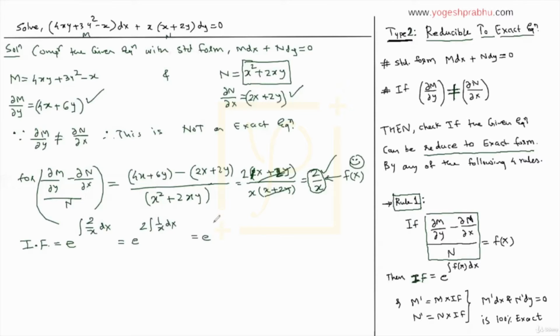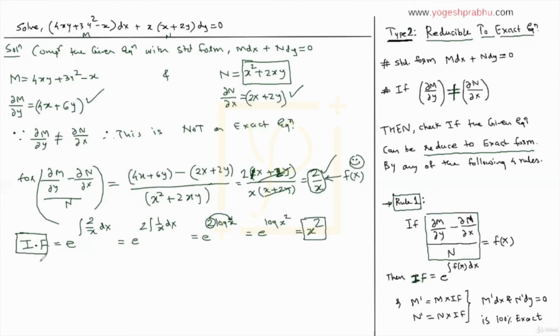So this will be e raised to 2 log x. And I can always take this 2 over here, it's a log property. This term can really be the power of x, so e raised to log x squared. Now e and log will just cancel each other out, and you're going to get x squared. So I found the IF, the integrating factor, to be x squared.